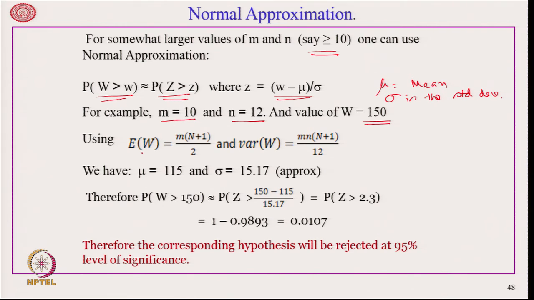Since expected value of w is equal to m into n plus 1 by 2 and variance of w is equal to m n into n plus 1 by 12, therefore, mu is equal to 115 and sigma is equal to 15.17. Therefore, probability w greater than 150 after making the normalization is coming out to be probability that a standard normal random variable z is greater than equal to 2.3.